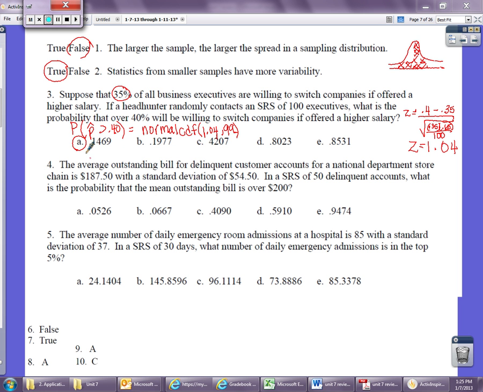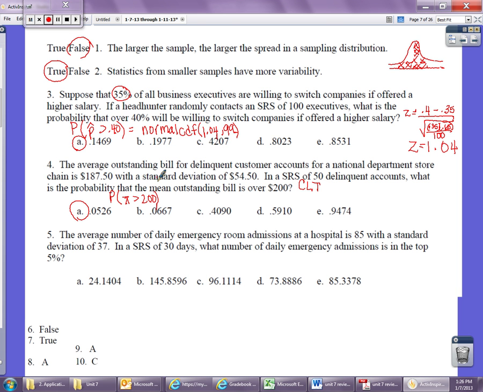Number 4 on here is actually number 9 on your review packet. The correct answer was A, and this is the way you get it. It gives you the average and the standard deviation for a population, so you know this is a central limit theorem problem. You're looking for the probability that the mean is going to be over $200.